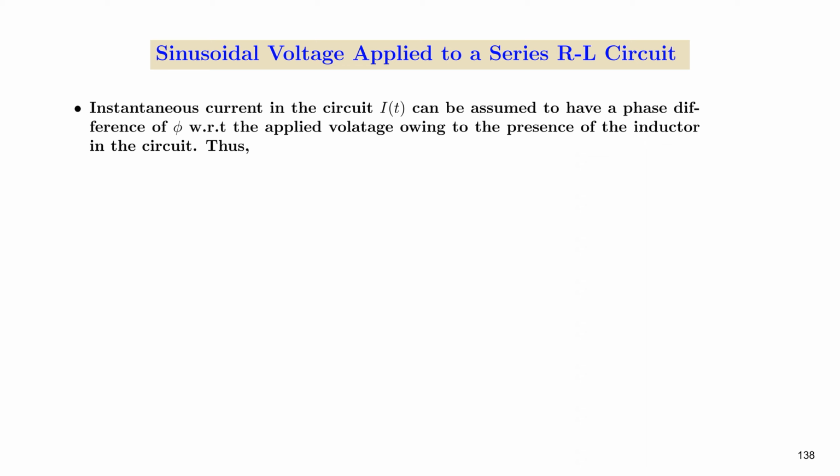So our circuit has a series inductor. Because of the presence of the inductor, the instantaneous current in the circuit, which we designate as I(t), can be assumed to have a phase difference of phi with respect to the applied voltage. We have written the instantaneous voltage as E equal to E0 cos omega t.